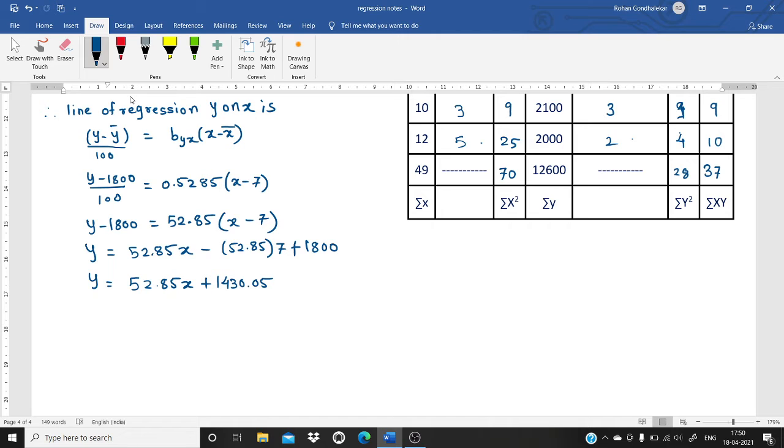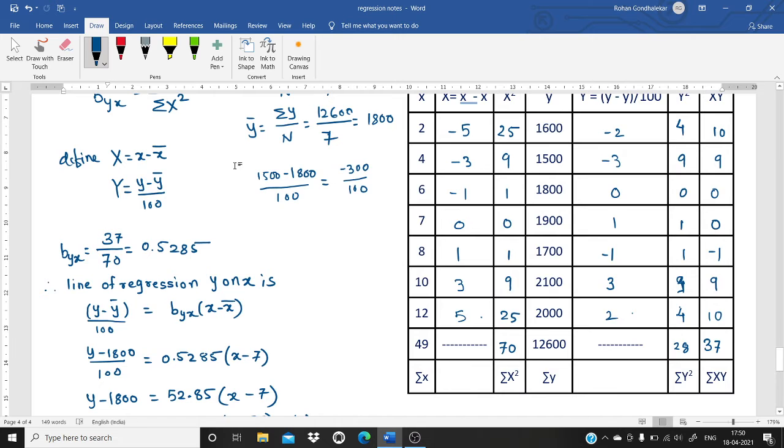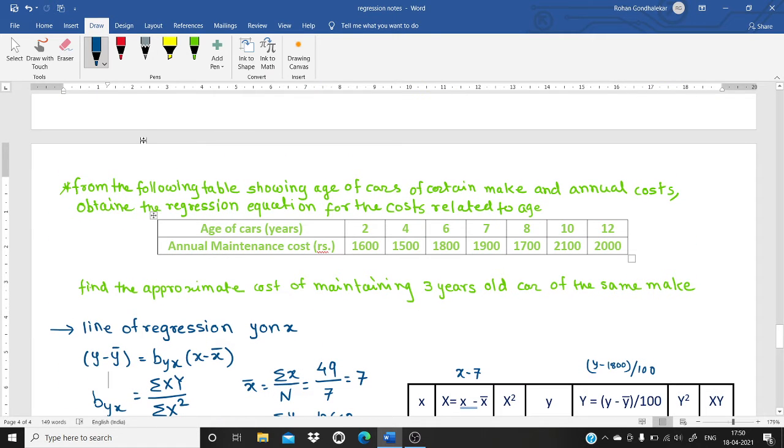Yeah, there is minus 52.85 multiplied by 7 plus 1800. Yes, 1430.05. So this is my expected regression equation for the cost related to age.